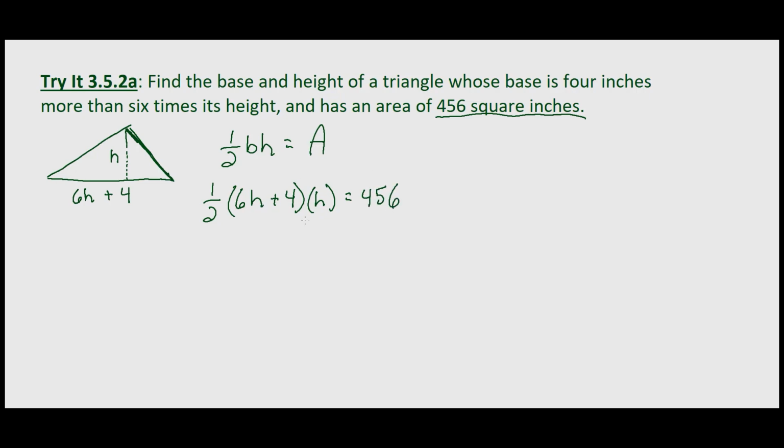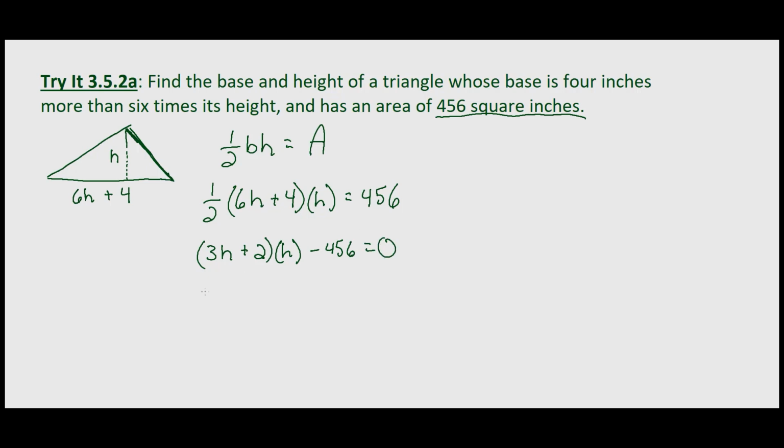Now let's multiply through and move everything to the left-hand side of the equation. So 1/2 times 6h is 3h. 1/2 times 4 is 2. That's still being multiplied by h. We'll subtract 456 from both sides.